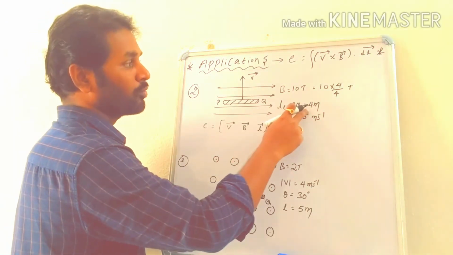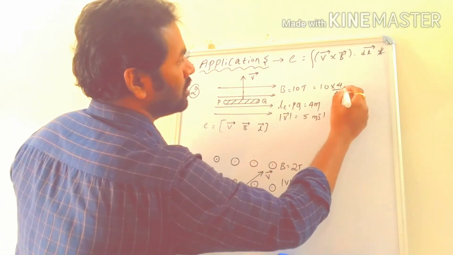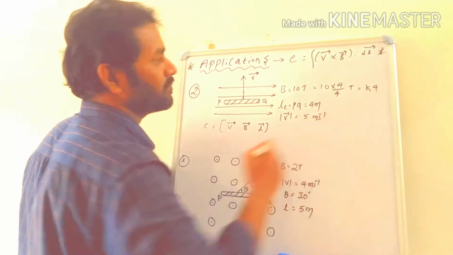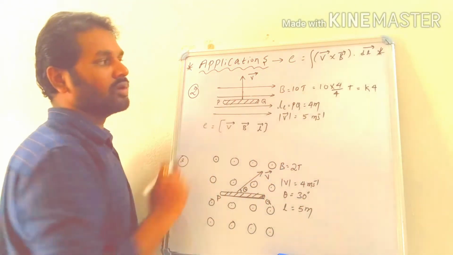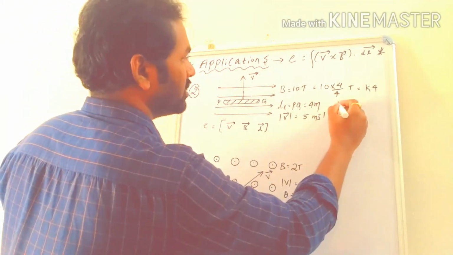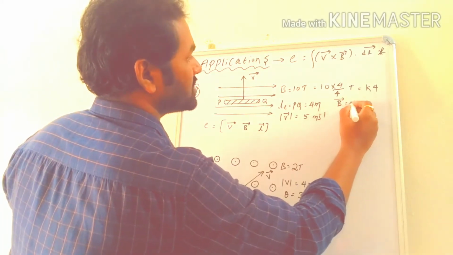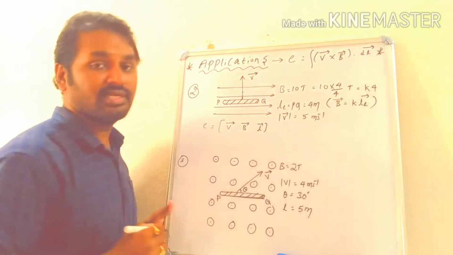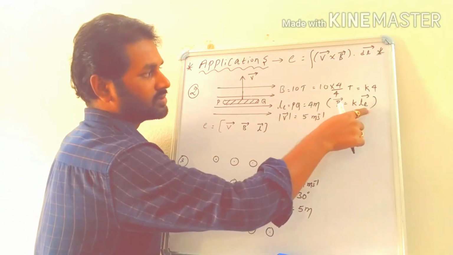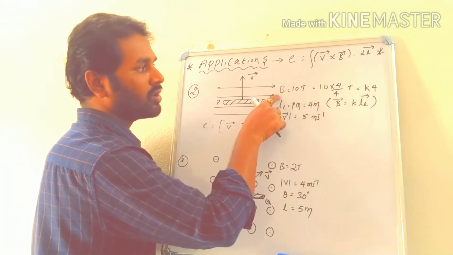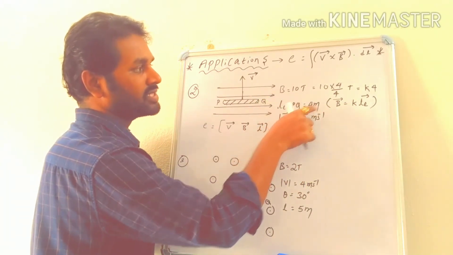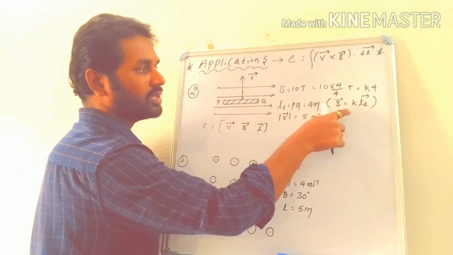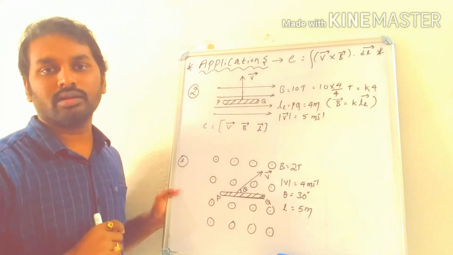But how much is the length? 4 meter. So if I leave 4, 10 by 4 I can take it as a constant K, 4K. So what is 4? 4 is the length of the conductor, and there you will get B bar equal to some constant K into L bar. You can see we wrote B in terms of the length of the conductor, which is given as 4. The 4 is replaced with the length of the conductor. Finally, you will get B bar is equal to some constant K into L bar.